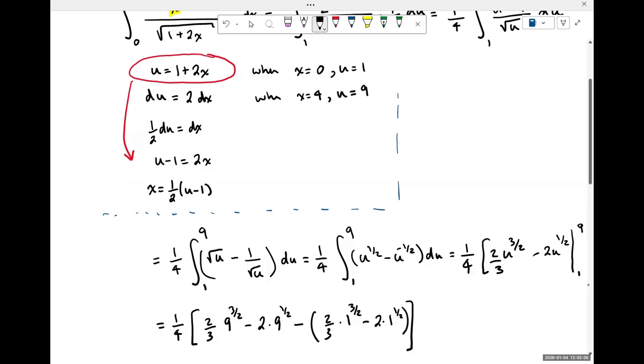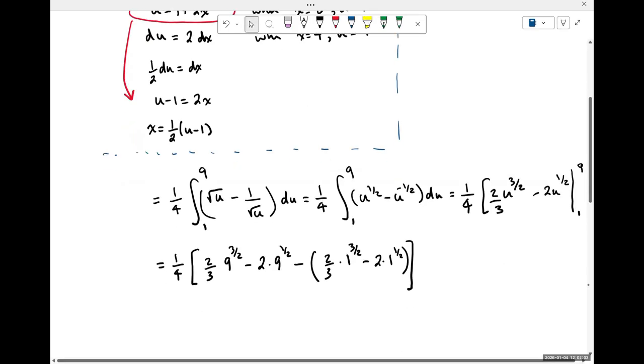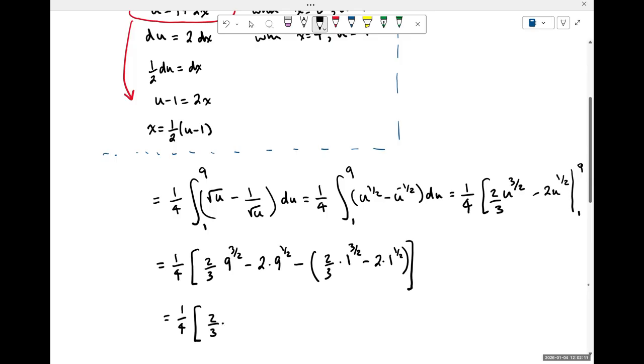Right, so that's just 1. So 9 to the 1/2 is 3. 2/3 times 27 minus 2 times 3 minus 2/3 plus 2 looks like, right?